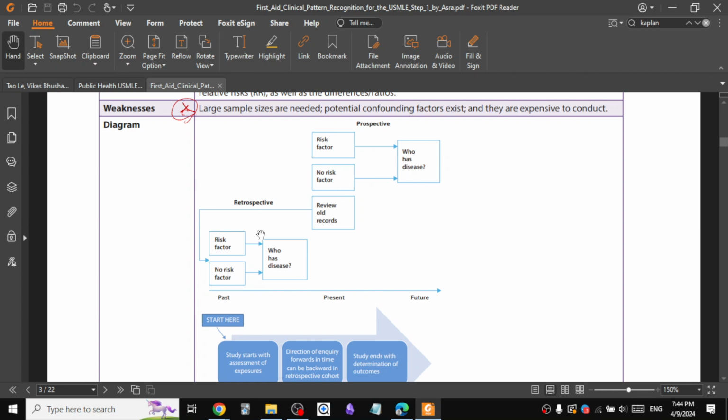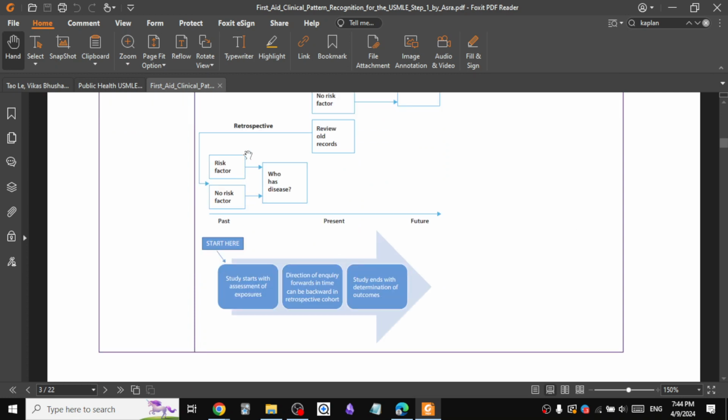So you're not actually comparing and contrasting them, you're going through data, and then you start your assessment. So how does a cohort study start? The study starts with assessment of exposures. The direction of inquiry is forwards in time, can be backward in retrospective, and the study ends with determination of outcomes.